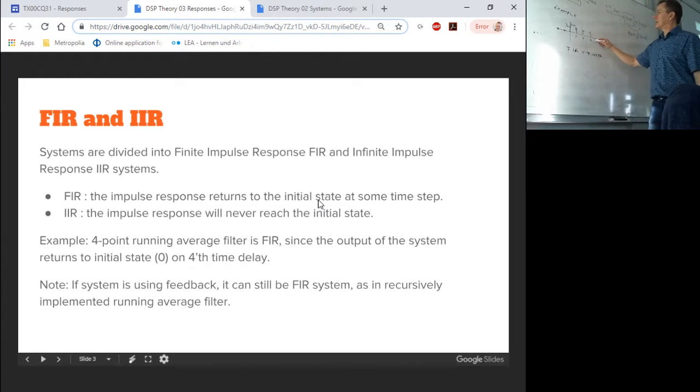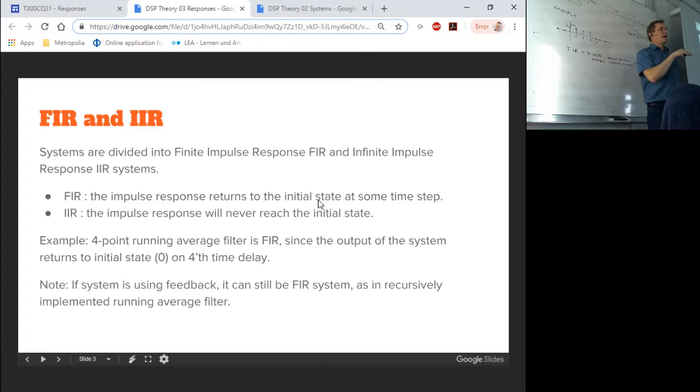For the FIR, this is finite, meaning that after some place, for example here, this running average is a finite impulse response system. It stops there, and there's absolutely nothing after that one.